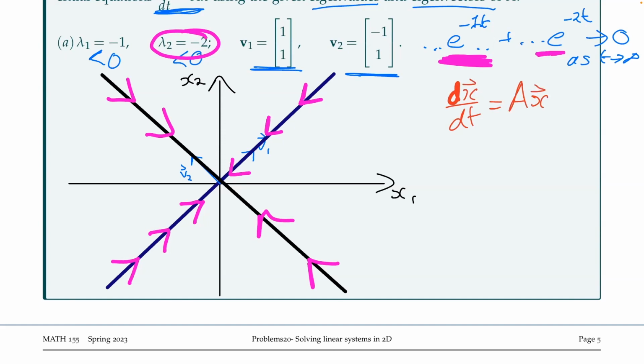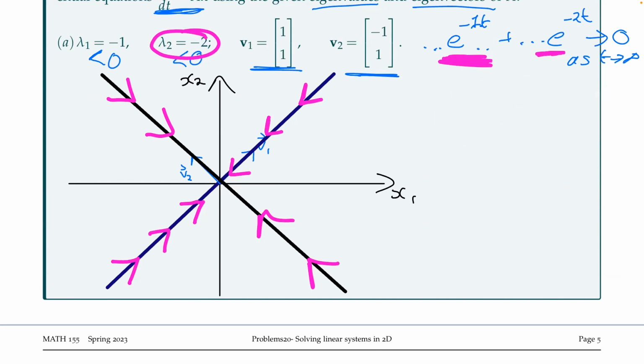Remember, if x is an eigenvector, so we think of x as being this v1, we're just going to have lambda 1 times v1. That's what it means for it to be an eigenvalue and eigenvector pair. That just means we're scaling that eigenvector. We're either making it bigger or smaller, or potentially changing its direction. But in this case, because lambda 1 is negative, we're going to be shrinking it. So we're going to be moving towards the origin.